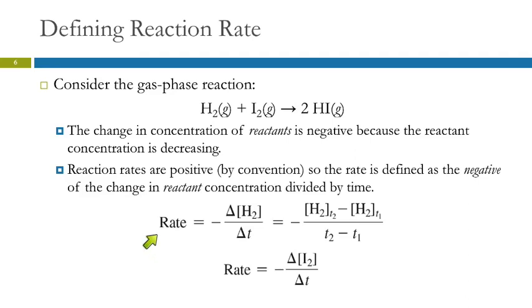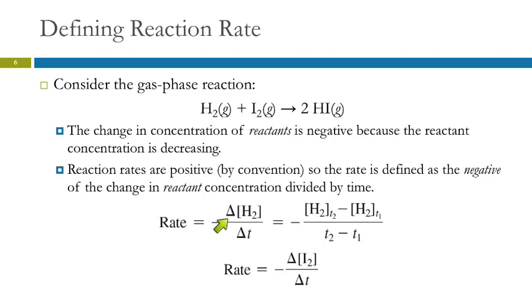So if we define the rate in terms of the change in the hydrogen concentration, we're going to put a negative sign here. And we're looking at the change in the hydrogen concentration divided by the change in time.